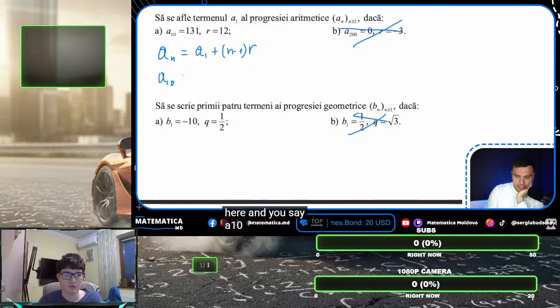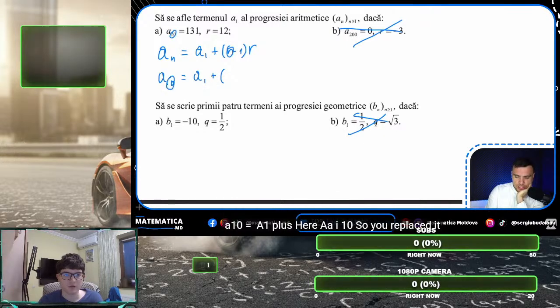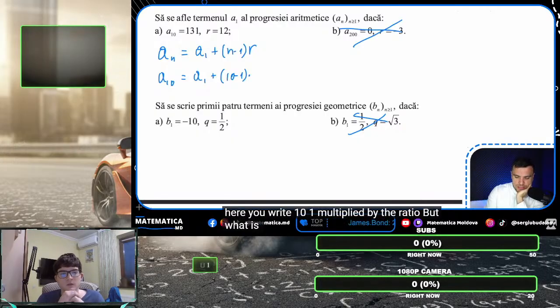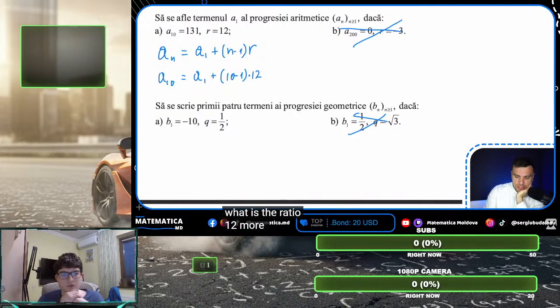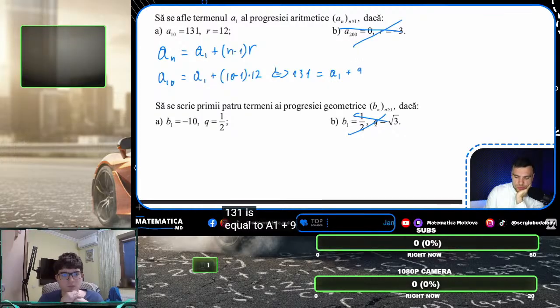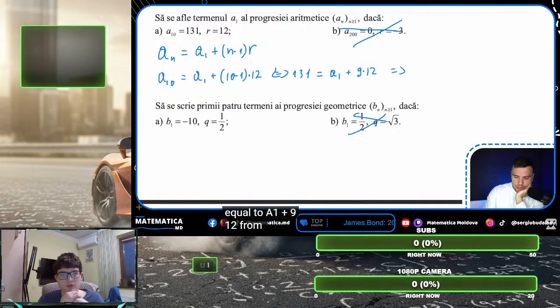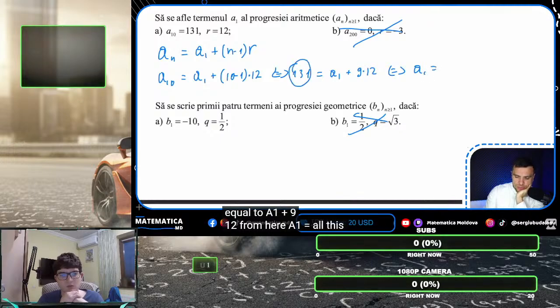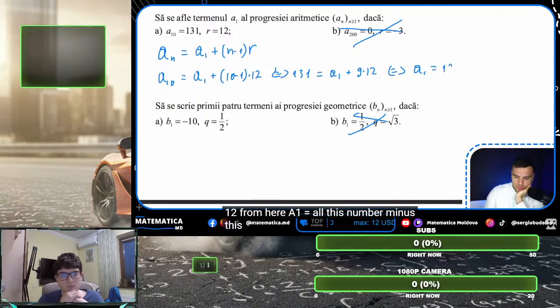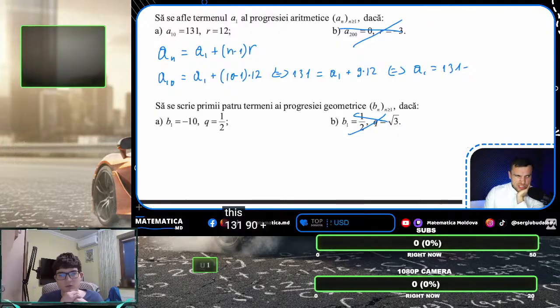So A of 10 is going to be A of 1 plus 10 minus 1, which is 9, times the ratio. So A1 is going to be 141 minus 108.